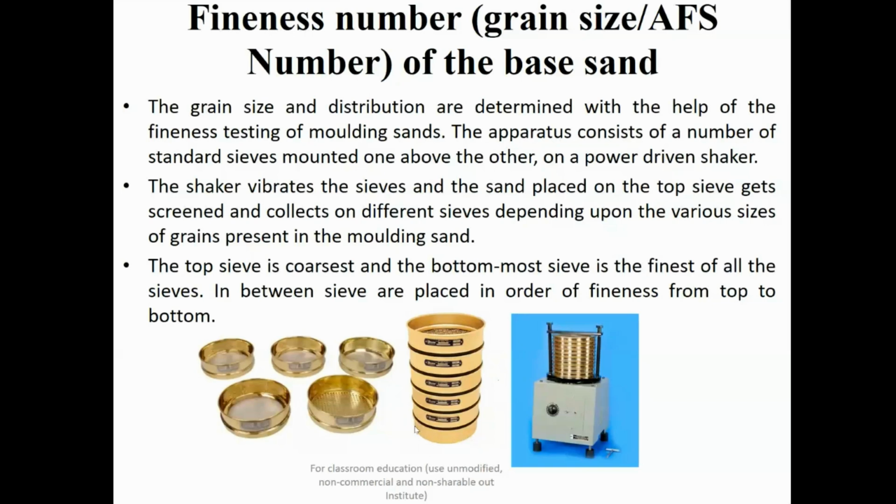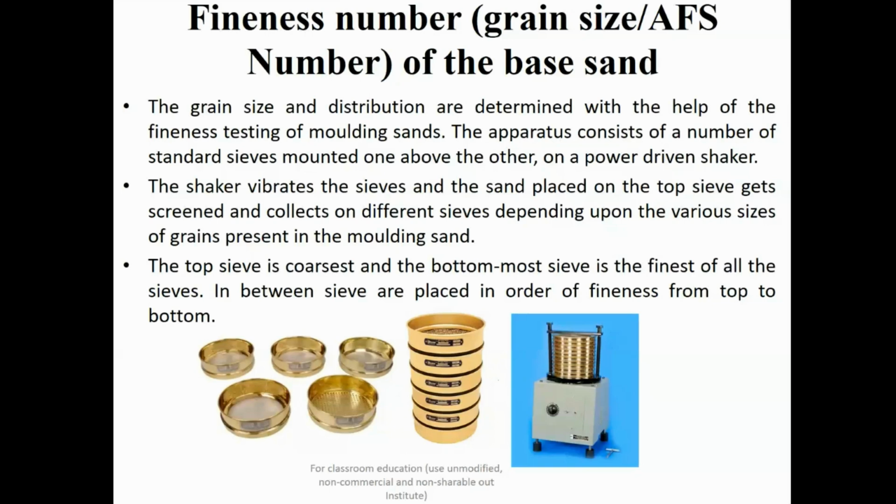In that pan, it is used to collect very small particles which may not be used for the purpose of making your sand mold. In between, sieves are placed in the order of fineness from the top to bottom.